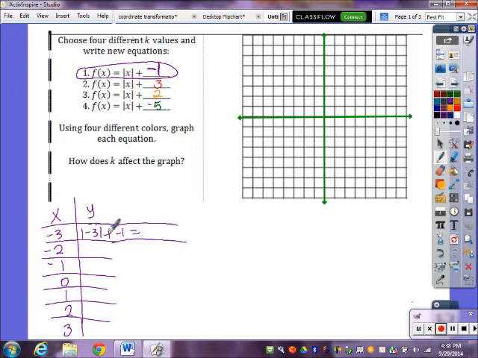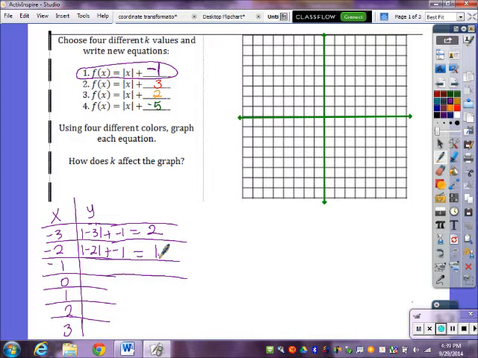When I evaluate that, the absolute value of -3 is 3, and 3 plus -1 is 2. Then continue going, so -2, plug that in for X in number 1: the absolute value of -2 plus -1. The absolute value of -2 is 2, plus -1 is 1.